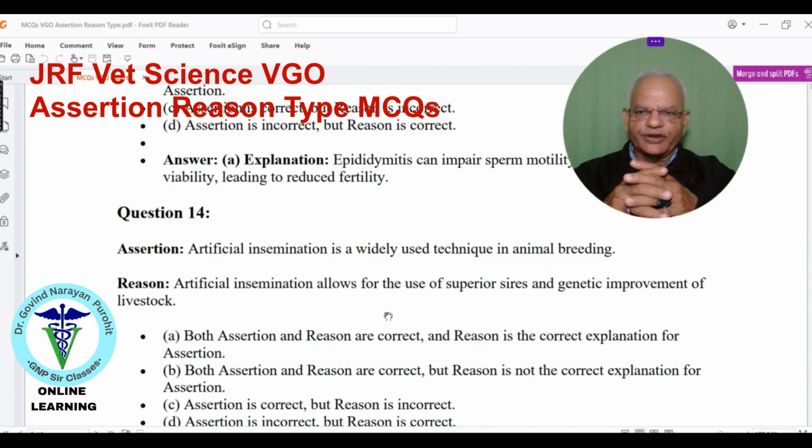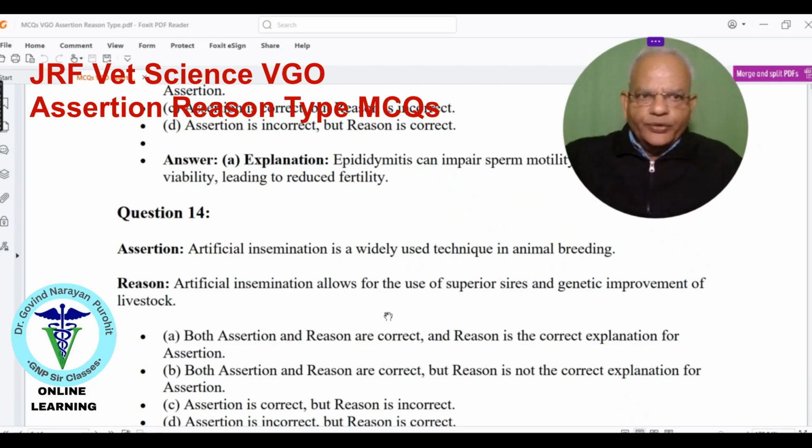And since transportation of cryopreserved semen is easier, it is one of the most widely used techniques in animal breeding worldwide.